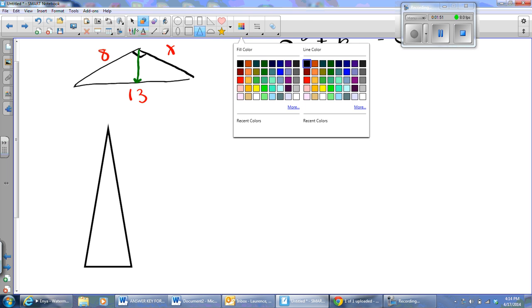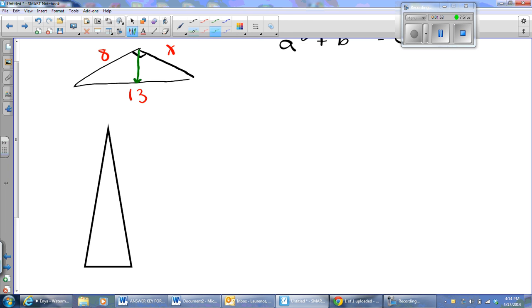This just has boatloads of applications. These two sides would be the same. By the way, that forces these opposite angles to be congruent as well. If I have any triangle, the longest side is always across from the longest angle. The shortest side is always across from the shortest angle.